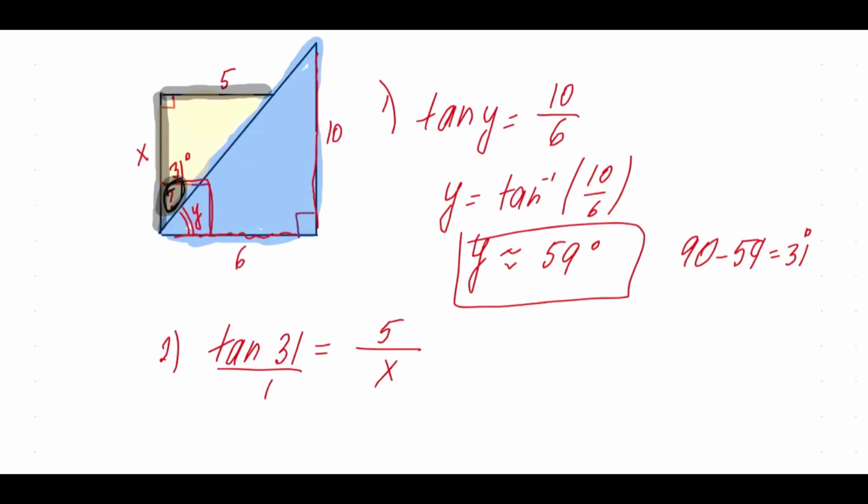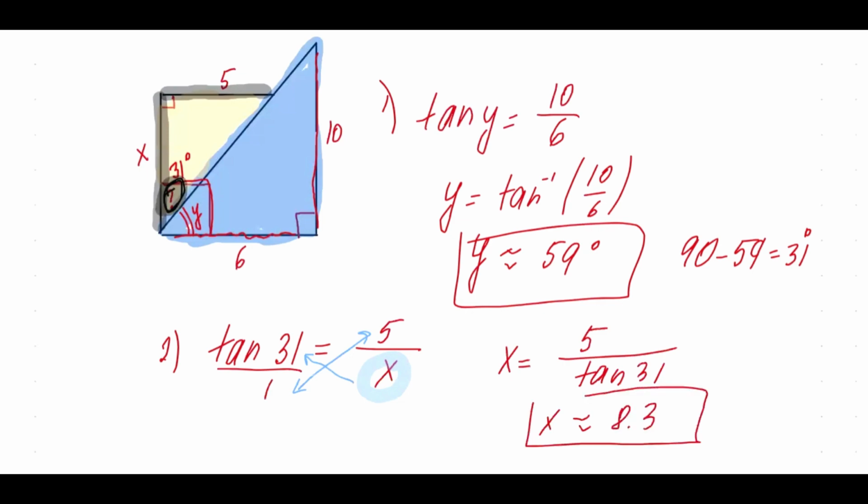In order to find x, I'm going to multiply 2 numbers across and divide by the number opposite to x. So x equals 5 divided by tangent of 31. Put it in your calculators. You should get about 8 3/10, and whatever unit you have.